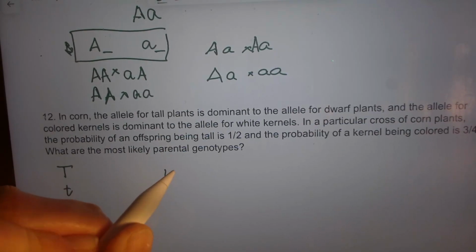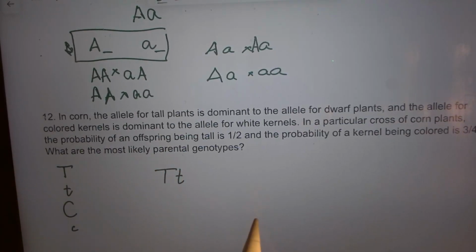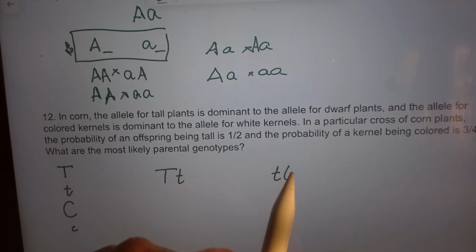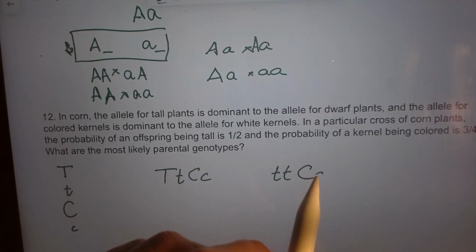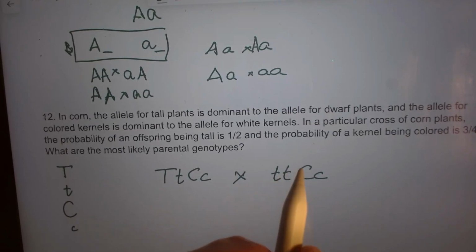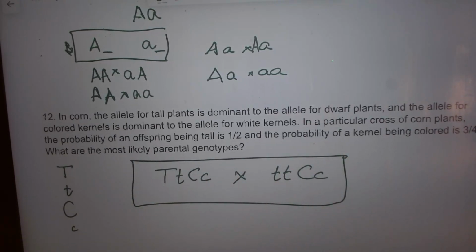When one parent was heterozygous and the other parent was homozygous recessive. And the probability of the kernel being colored is 3/4. That was the case when we had two heterozygotes cross for the color. This could be the parental genotype for that cross.